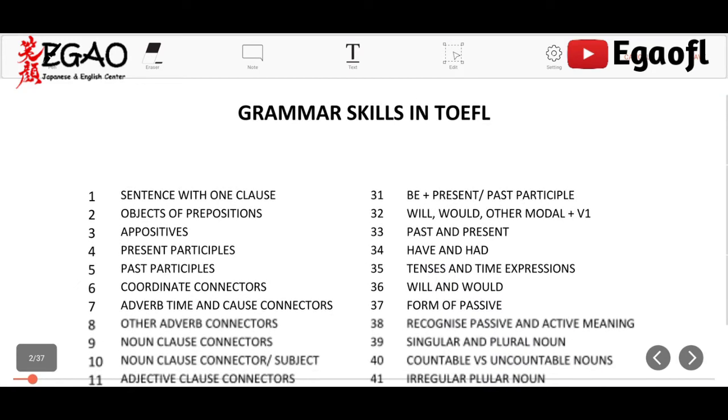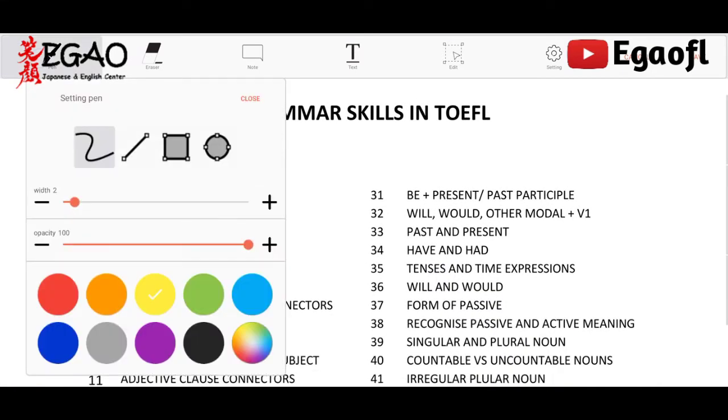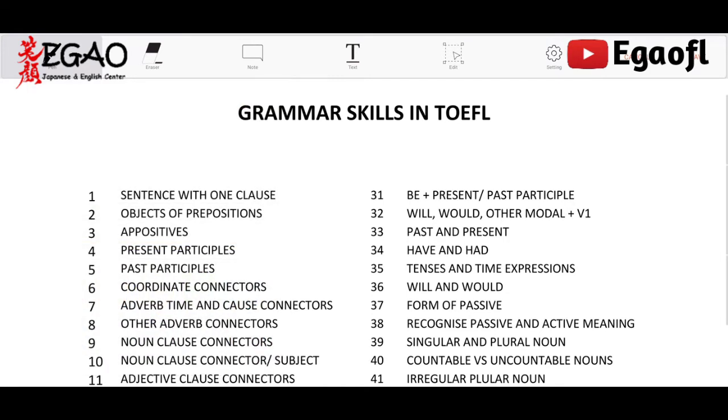And in this part, we will talk about 3 points, which are coordinate connectors, adverb times and cause connectors, and also other adverb connectors.